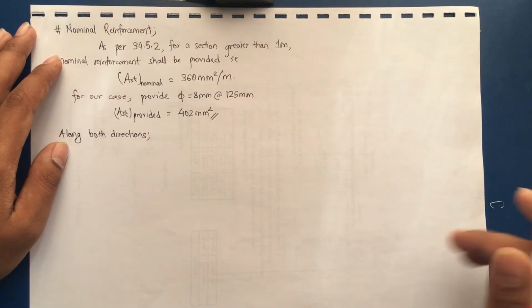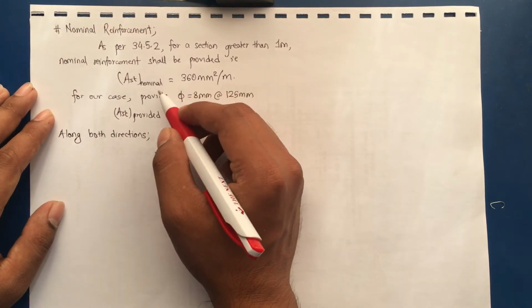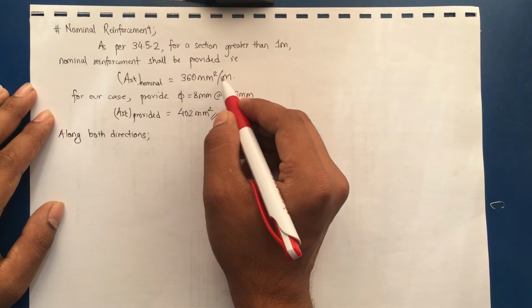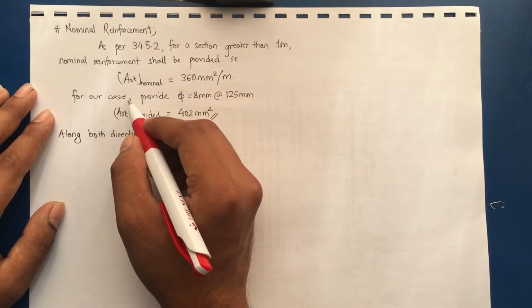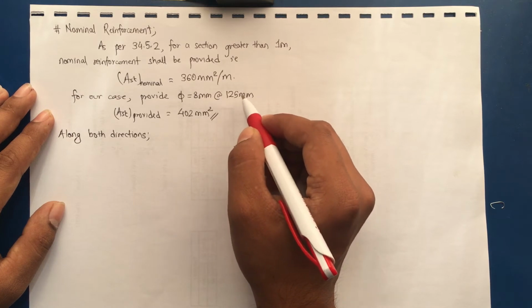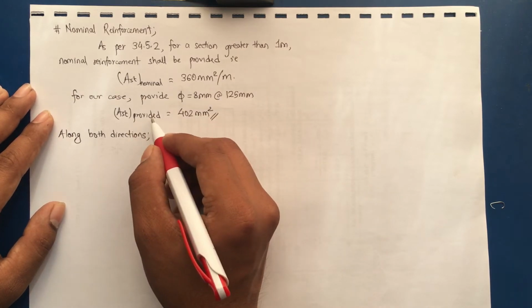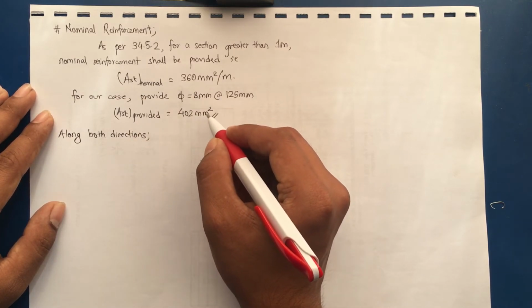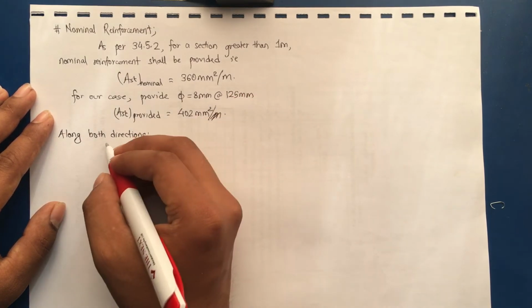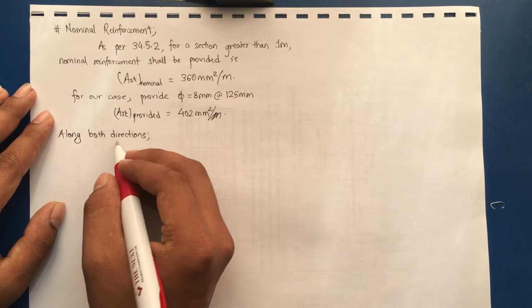So that means we have to provide a nominal reinforcement, considering the code value of 360 mm square per meter. For our case we will provide phi 8 mm at 125 mm spacing, then the area of steel provided will be 402 mm square per meter. Then it will be provided along both directions in the top face.